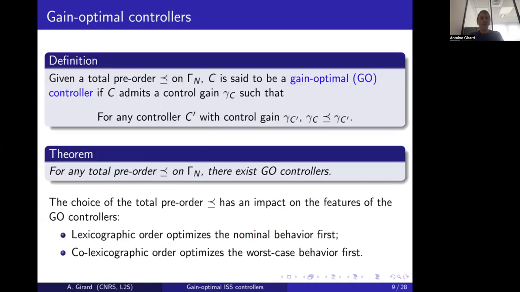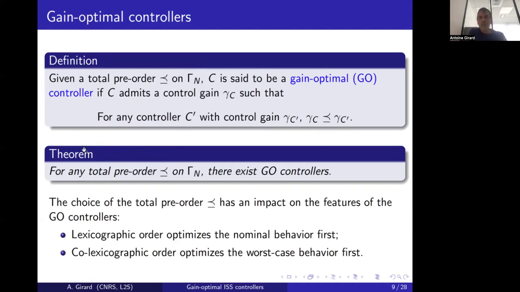Okay, so once you have a total pre-order on the gain functions, then you can compare the gains of different controllers. And you say that your controller is gain optimal if it has a control gain gamma C such that for any other controller C prime, with control gain gamma C prime, gamma C is less than gamma C prime. So you want to compute a controller that has the minimal gain function for a given order on the gain functions.